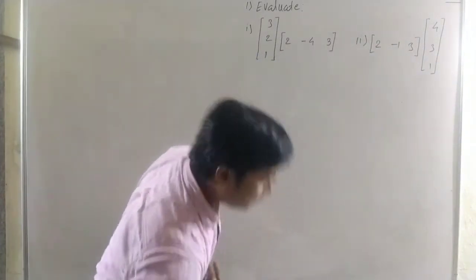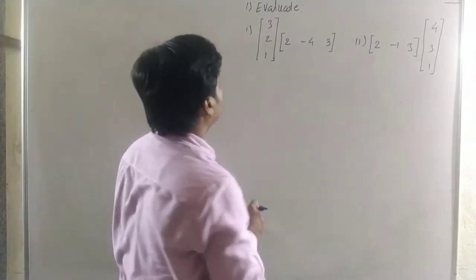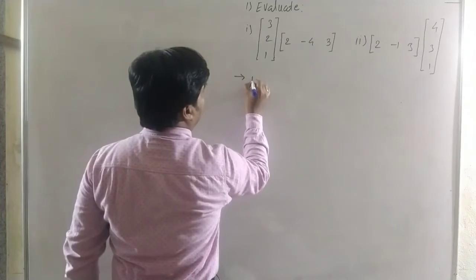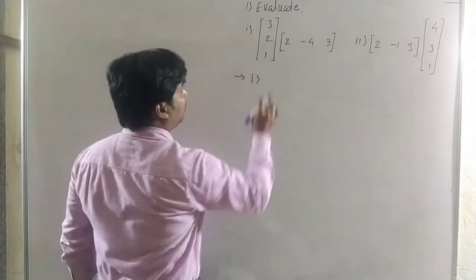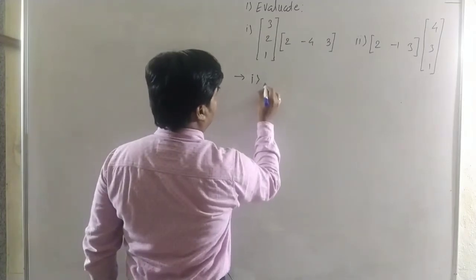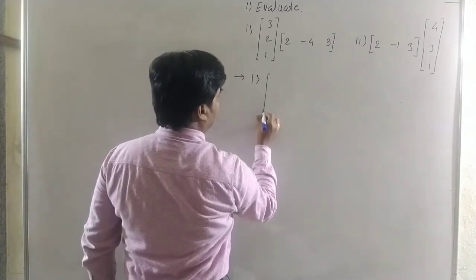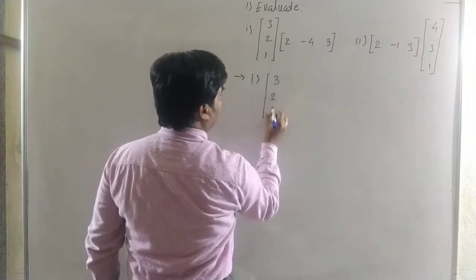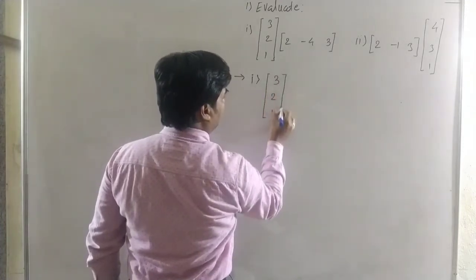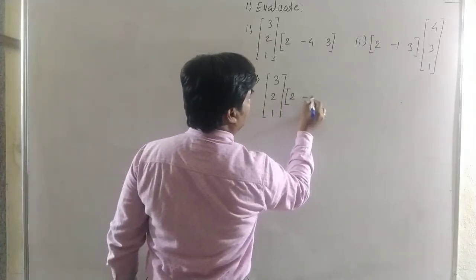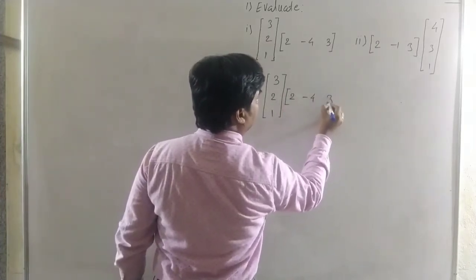First we see the first example. Here we find this product. The first matrix is 3, 2 and 1, and the second matrix is 2, -4 and 3.